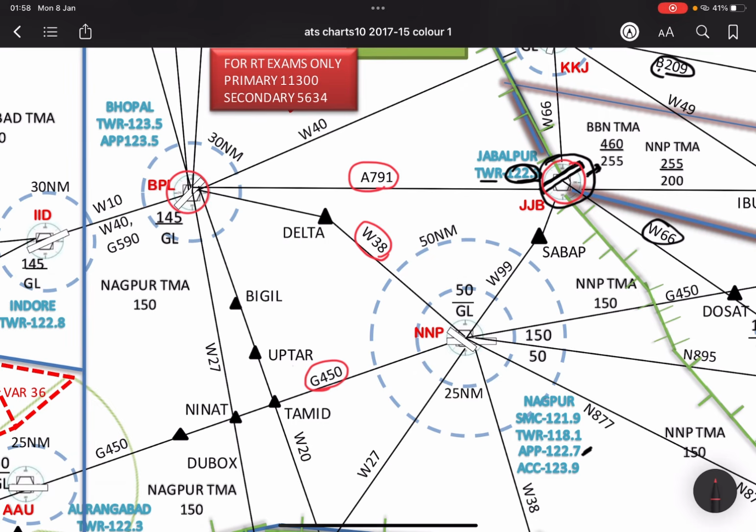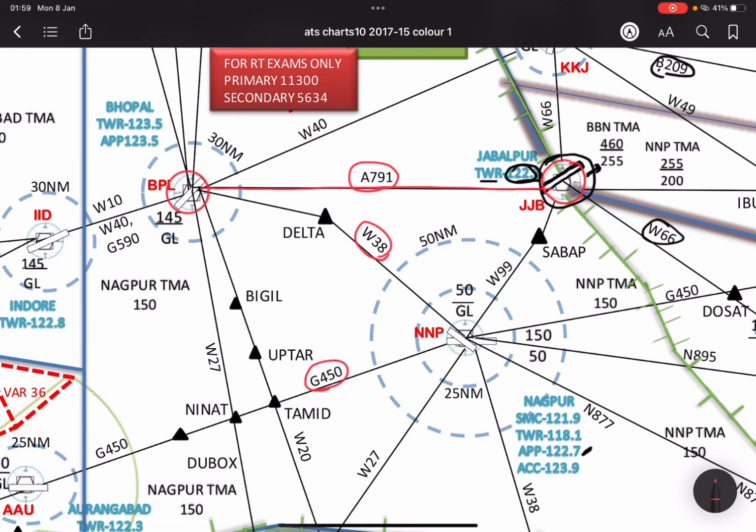You will take off from Bravo Papa Lima and you'll fly Alpha 7901 all the way till Jabalpur. Think of it like a highway, how we have National Highway and we have numbers like National Highway 24, National Highway 28. Similarly, these are highways, right? We already spoke about it, that airways are nothing but highways in the sky. So this highway is called Alpha 7901.